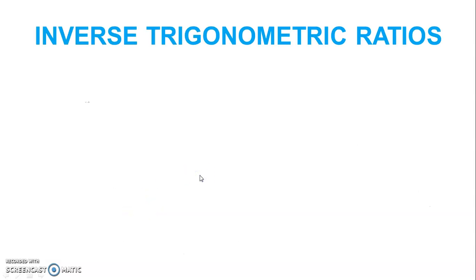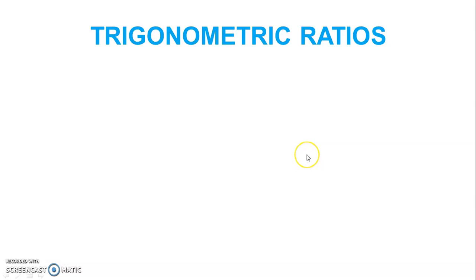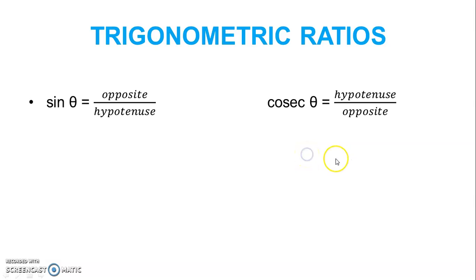Like trigonometric ratios, we can write inverse trigonometric ratios too. That is, cosecant theta is the inverse of sin theta, secant theta is the inverse of cos theta, and cot theta is the inverse of tan theta. Hence, we can write some more trigonometric ratios.